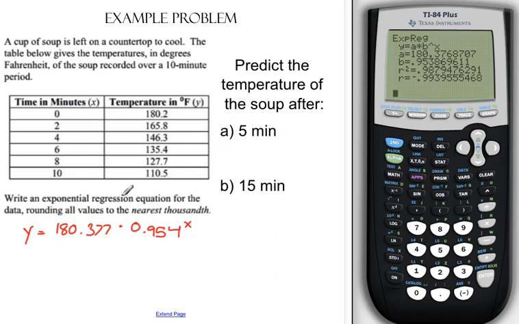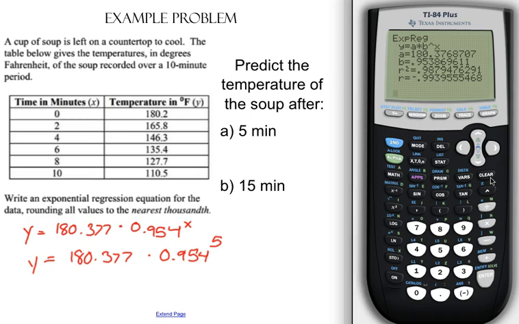So if I want to know what's going on here after 5 minutes, all I have to do is replace the x in that equation, which remember is an exponent, with 5. And thankfully we have this handy dandy calculator that will allow us to enter that data in. So I'm going to clear out my regression equation, and I'm just going to type this straight into the calculator.